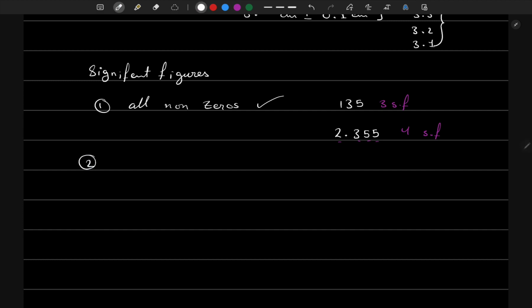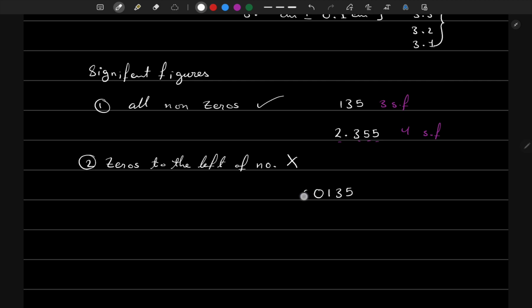Number two, zeros to the left of non-zero numbers are not significant figures. For example, 135 has three significant figures.